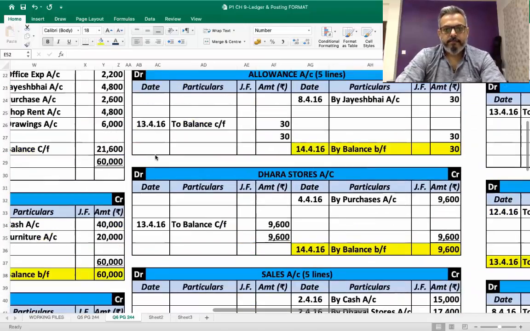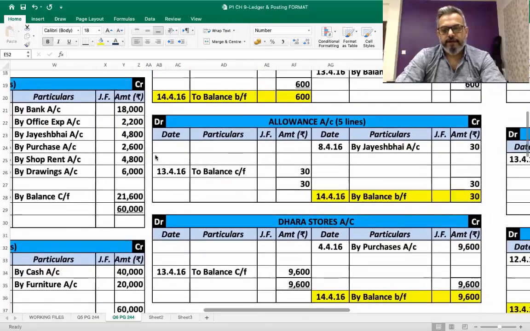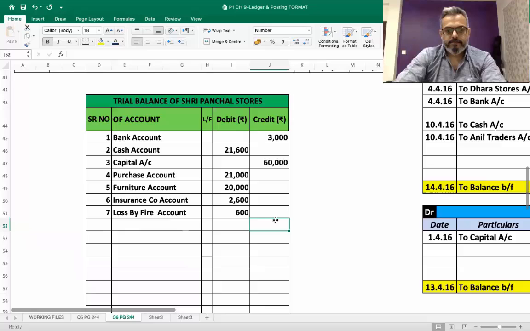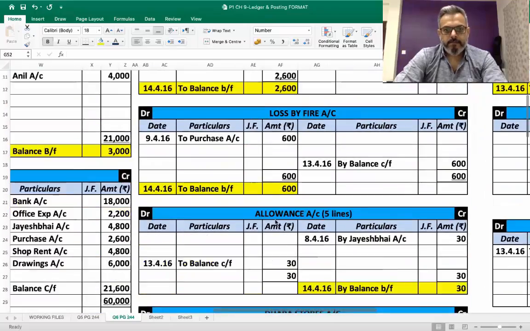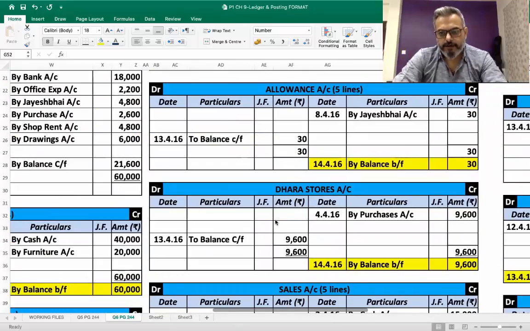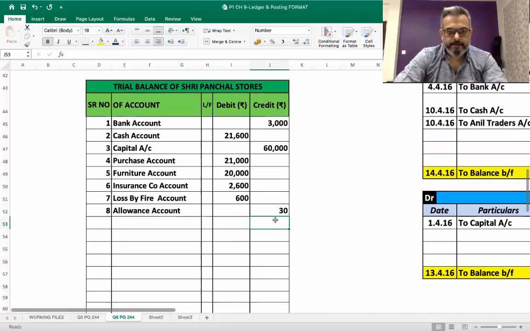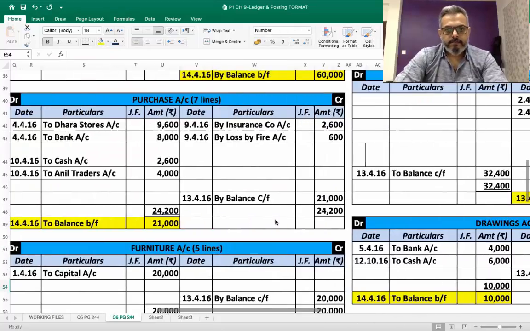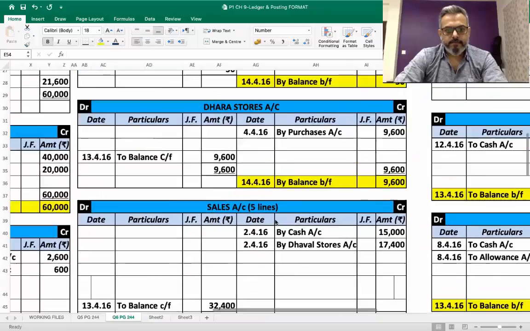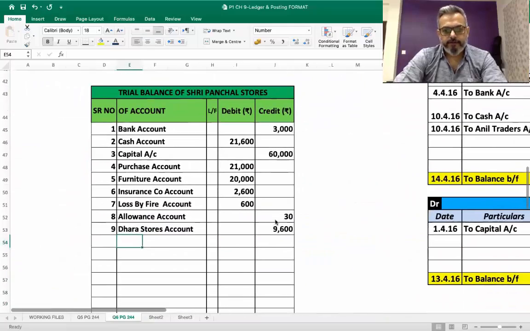Then allowance account, credit side 30. Then Dhara stores account, credit side 9,600. Then sales account 32,400.